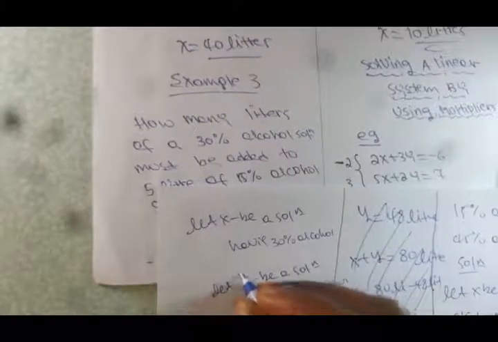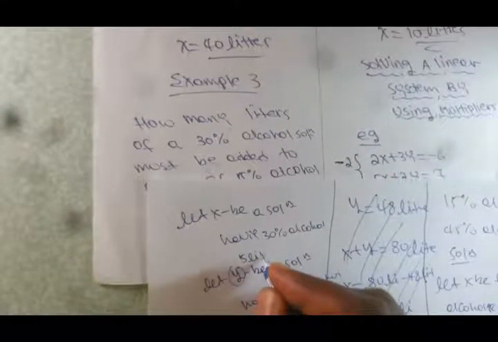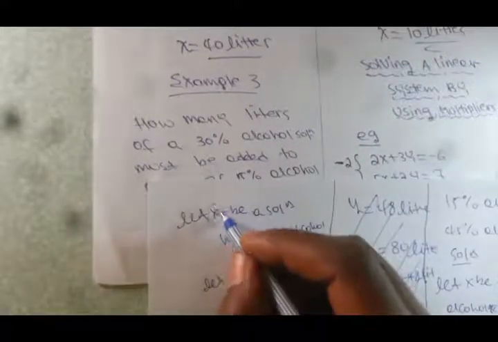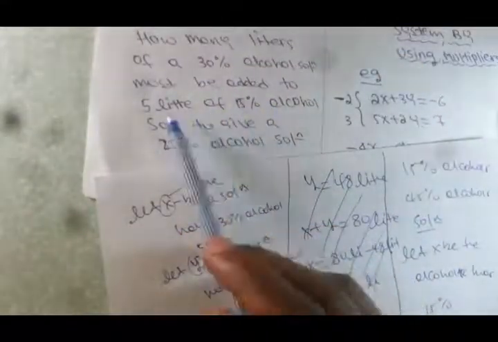But the value of y is already given. It was 5 liter. And the value of x is expressed in terms of liter. And it says that how many liter of a 30% alcohol must be added.